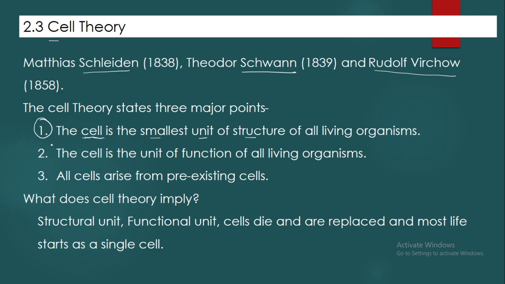Second, the cell is the unit of the function of all living organisms. So the cell is the smallest unit of the structure and function of all living organisms. What does it mean? Can anyone try to guess what it will mean?